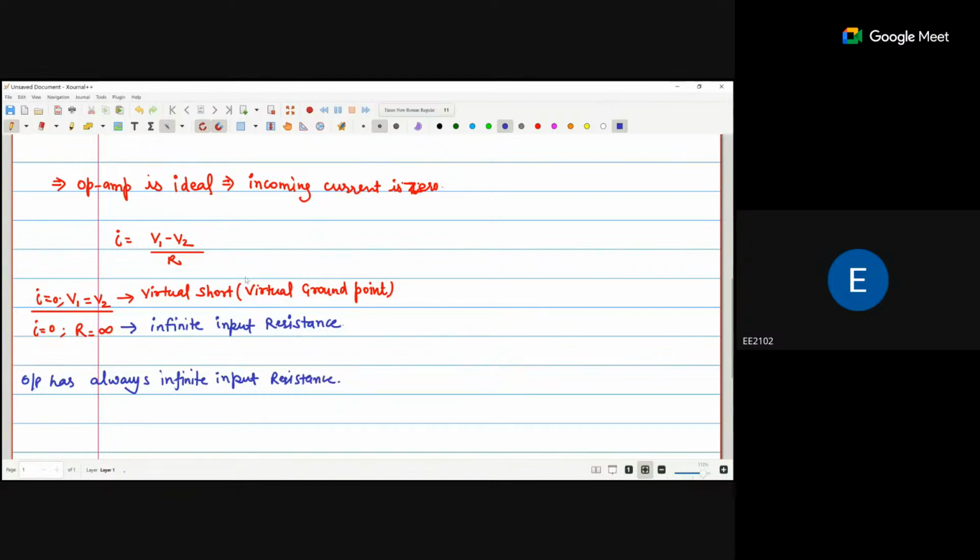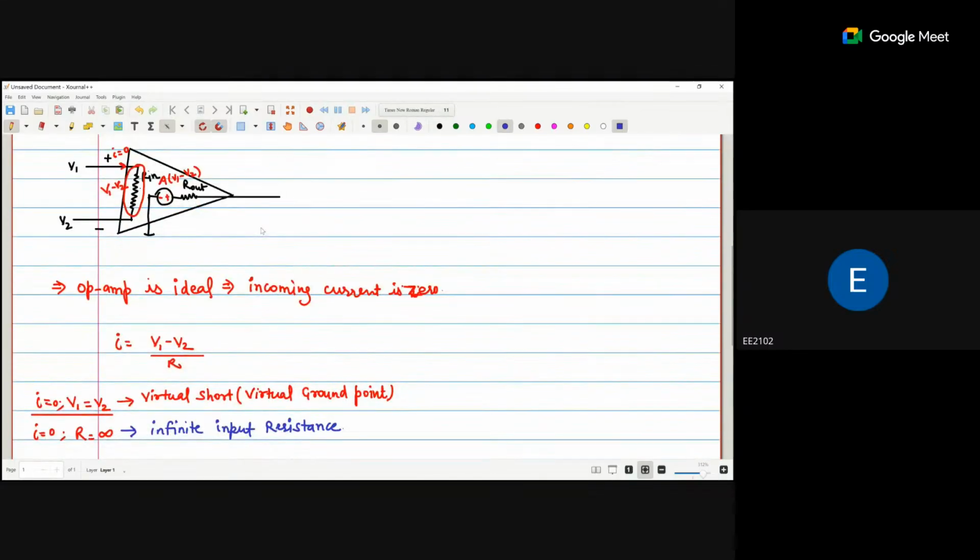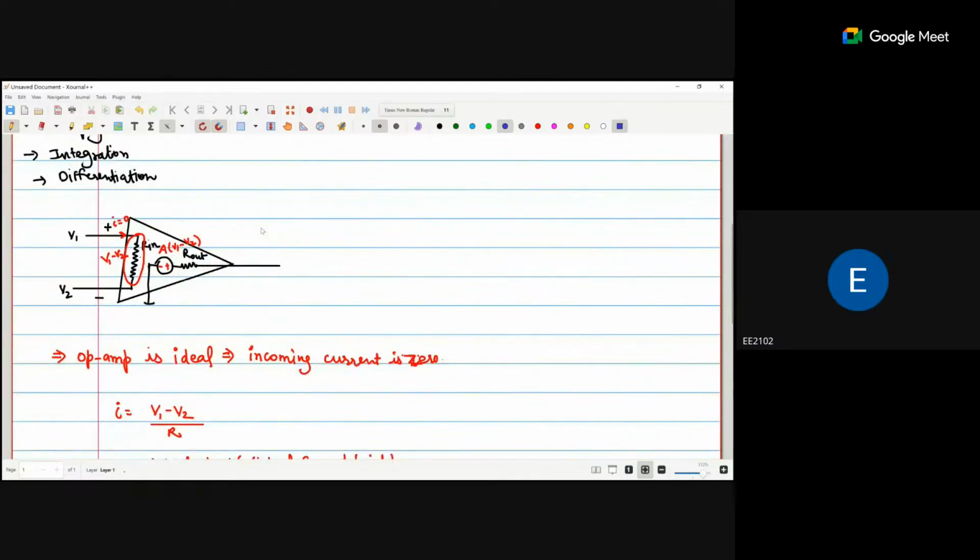Now we talk about the output. If I apply V1 minus V2, we get the maximum voltage A times (V1 minus V2) here. So A times (V1 minus V2) will be this battery. All the voltage generated by this voltage source will appear at the output point.